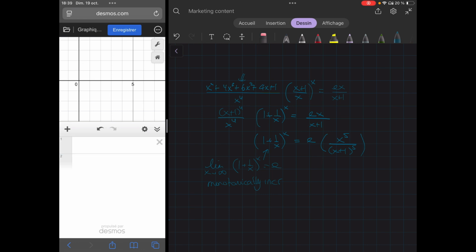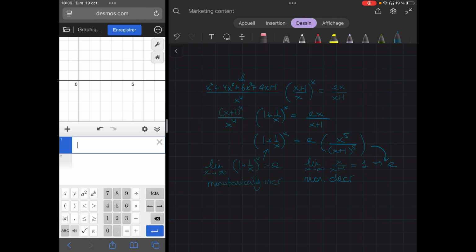For the second curve, we note the limit as x tends to infinity of x divided by x plus 1 is equal to 1. So therefore the limit for the expression on the right hand side is e. However, it is monotonically decreasing. And we can just quickly sketch this curve as well.